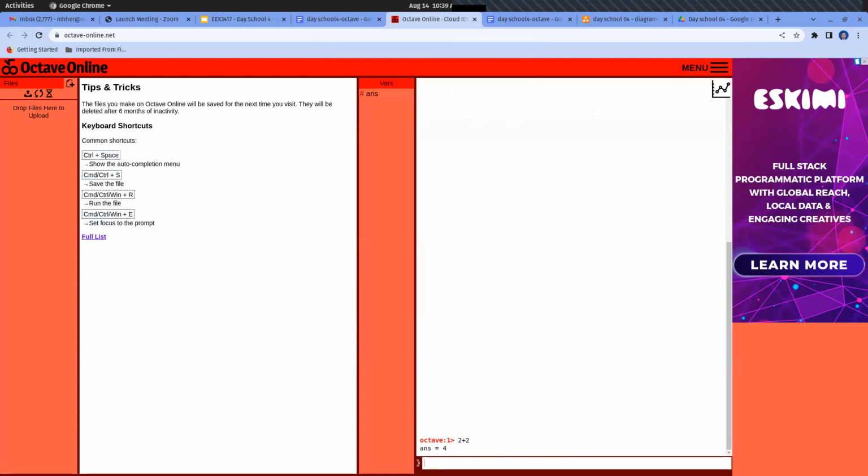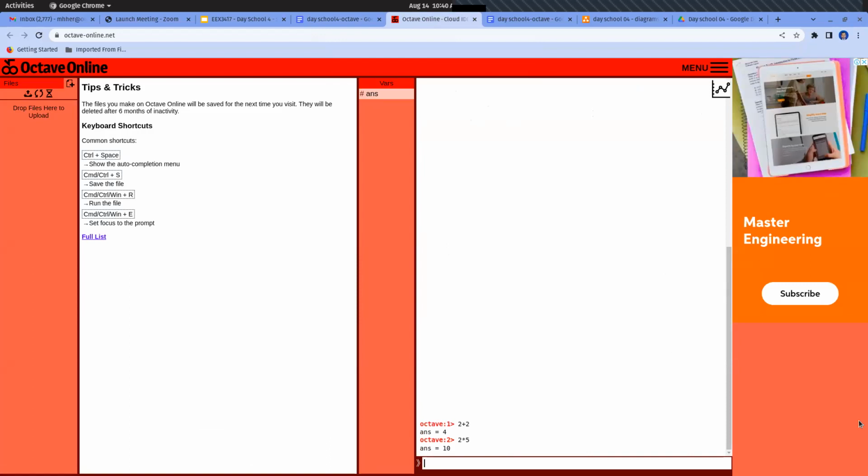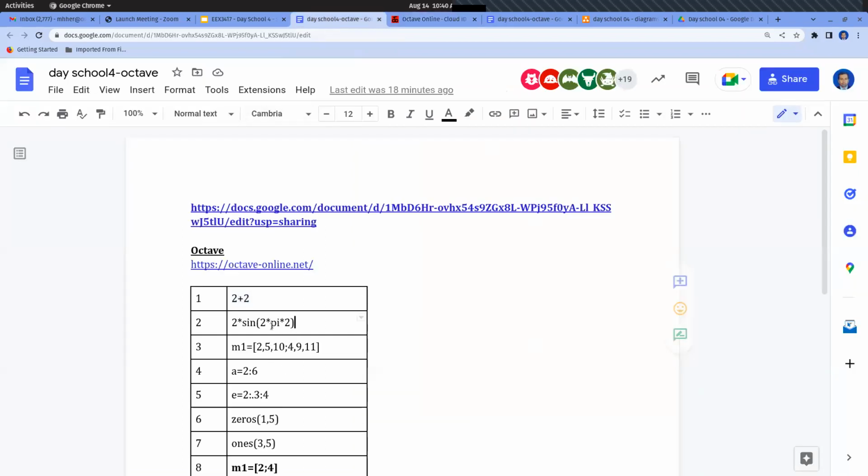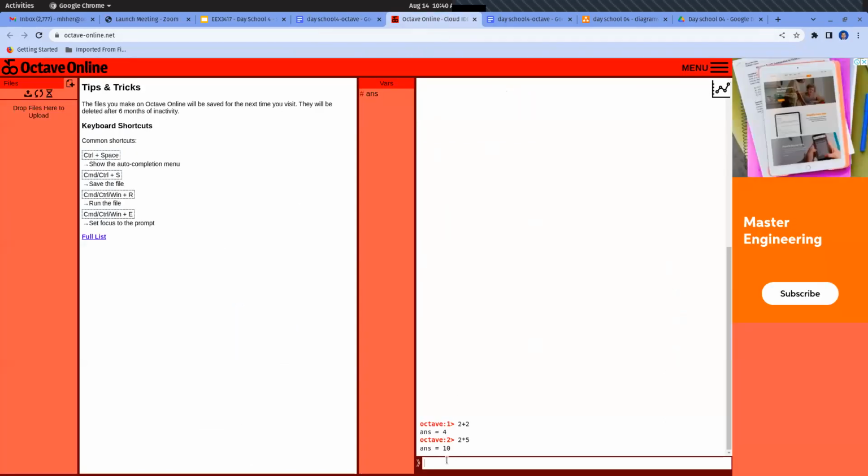Not only that, 2 multiply 5, you can check, the answer is 10. And you can see the history here. And the next one is 2 sine 2 pi into 2.